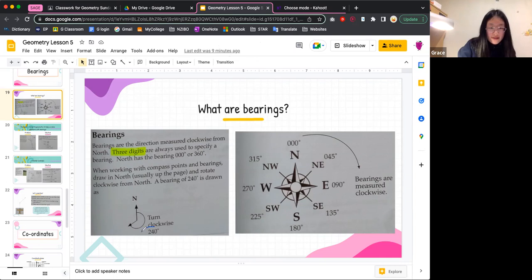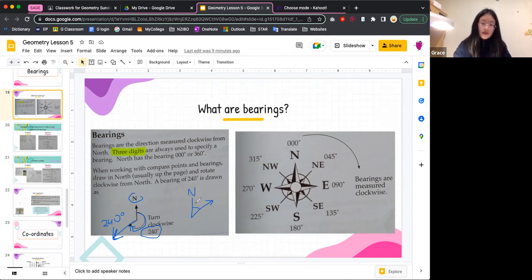So for example, here we've got 240 degrees. That's because we started at north and then we turned 240 degrees to get to this particular direction. So the bearing of this direction is 240 degrees. But bearings might also be something like, so this might be north and then our bearing is here.